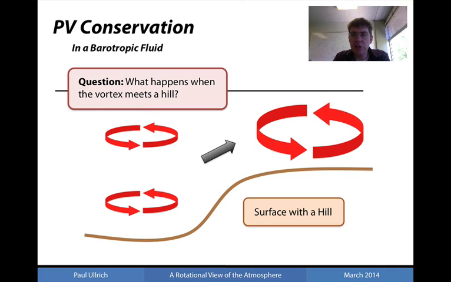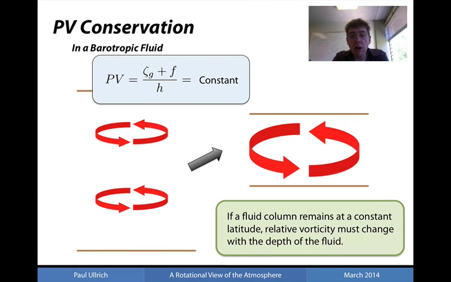From our explanation using the barotropic vorticity equation, we must conclude then that there must be some sort of change in the properties of the fluid parcel which adjust for the fact that the height of the fluid parcel has changed. So recall that potential vorticity, which is (zeta_g + f) over h, will be constant following that fluid column.